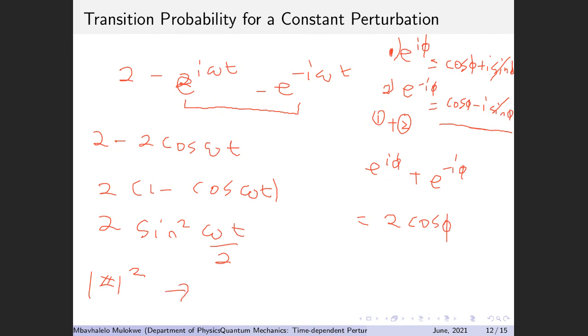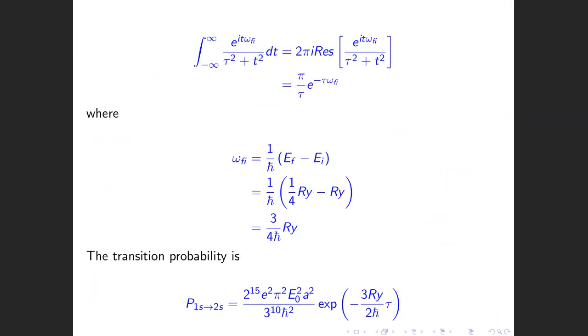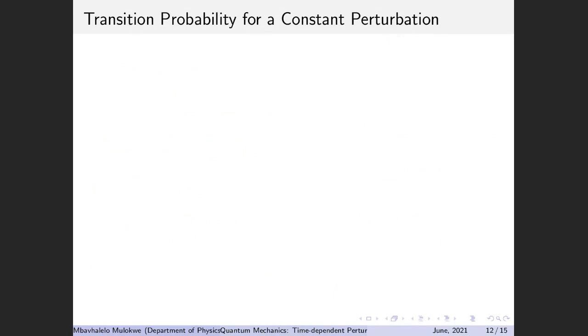So this means that the mod of that will give you 4 sine squared omega t over 2. But how do you get the sine squared when the cos is not squared?